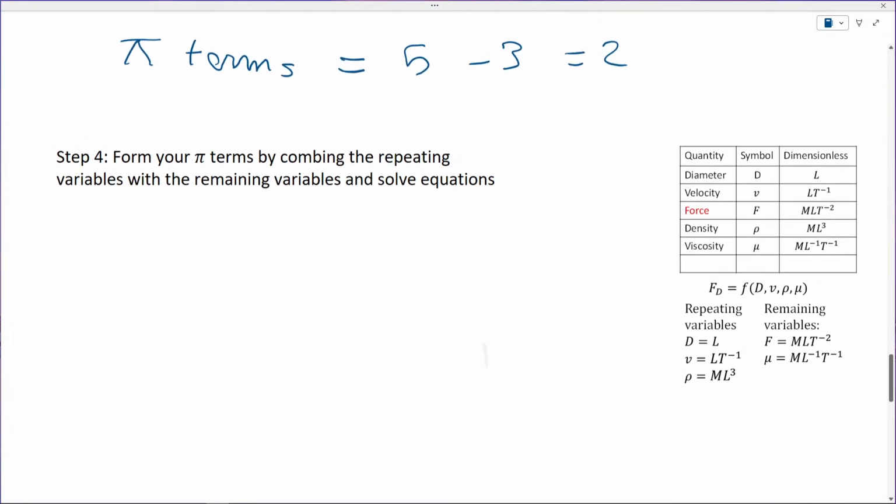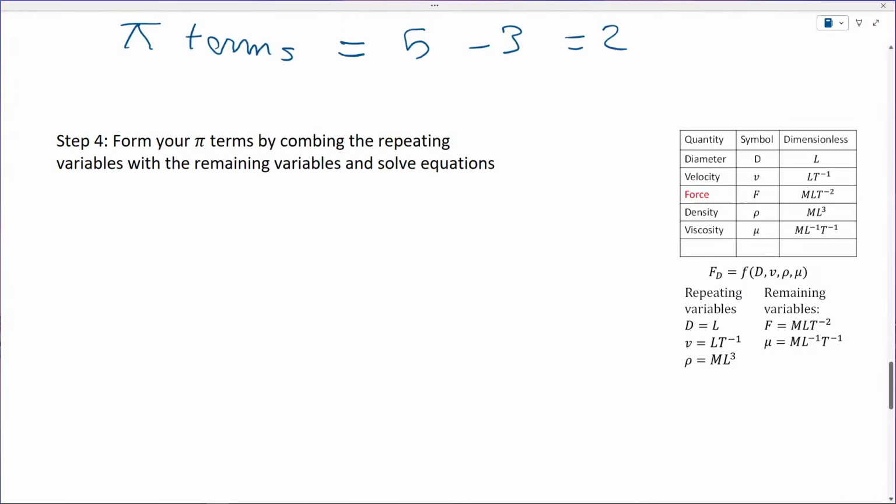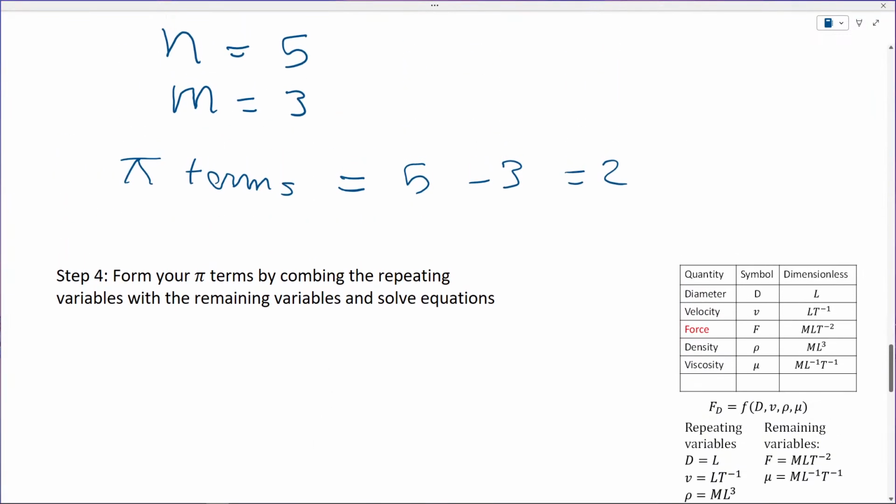Now step 4 is easy, but it's a little bit tedious and time consuming. So basically, how do you form your pi terms? Remember, you have a total of 5 parameters and 3 repeating variables.